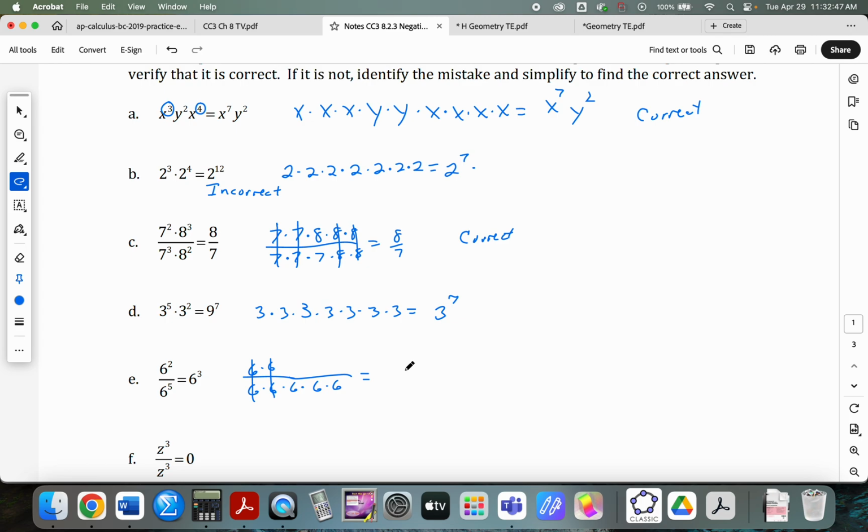What do we have left in the numerator? That's the top. 0. Nope. We've got 1 left in the numerator. Because when we divide these, we get 1 over 6 to the 3rd. So that one was incorrect, and so was the previous one.